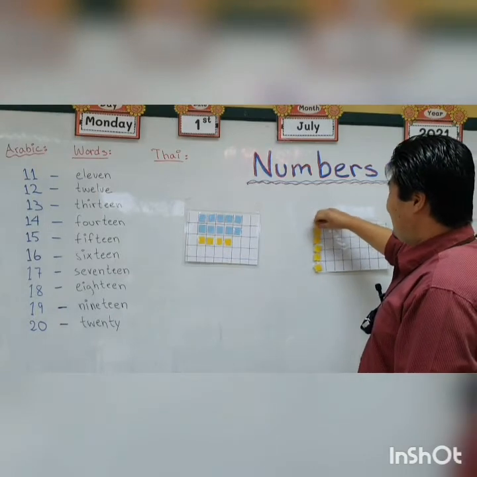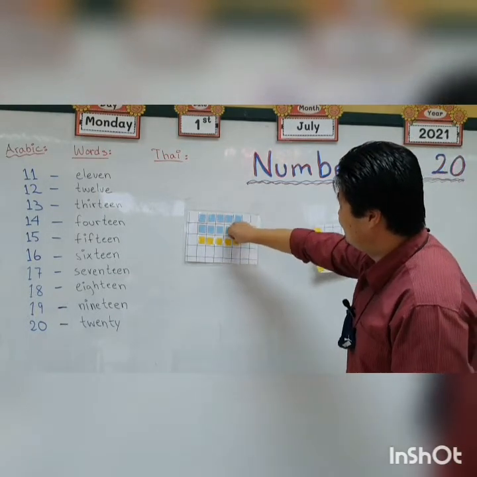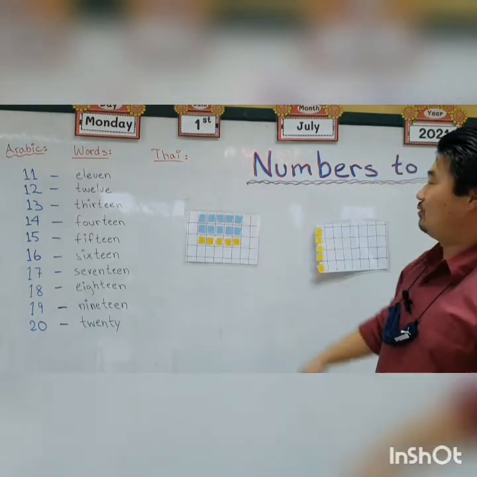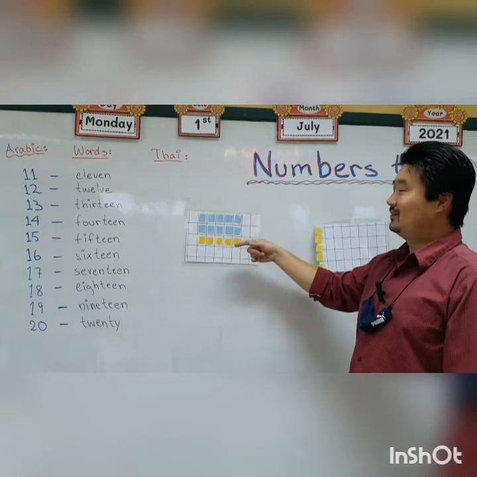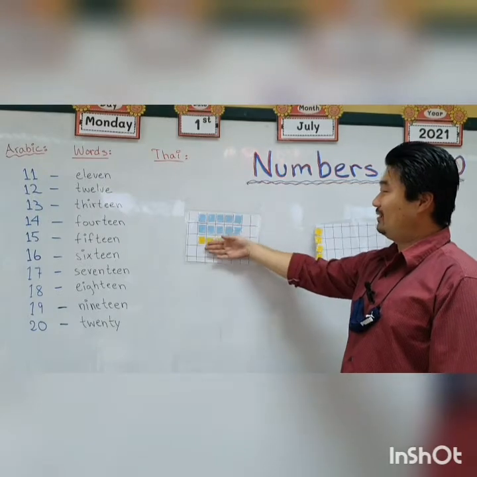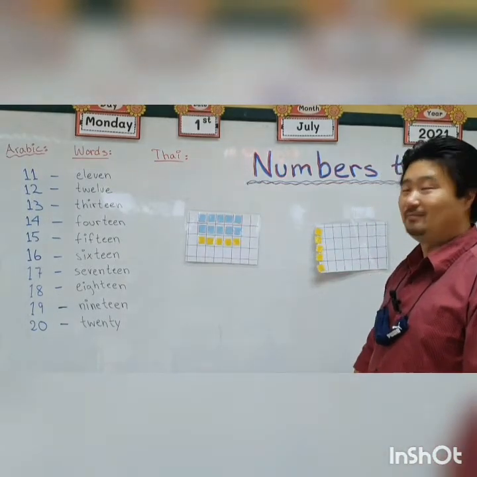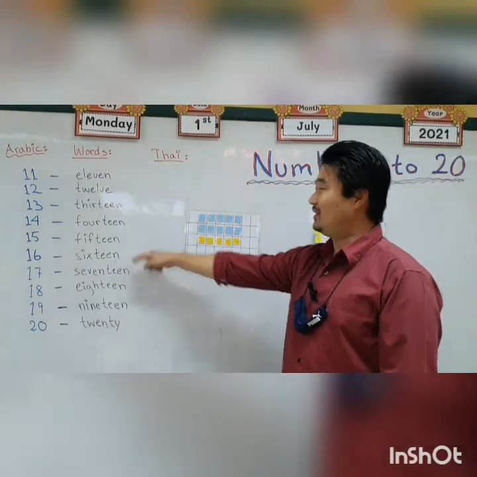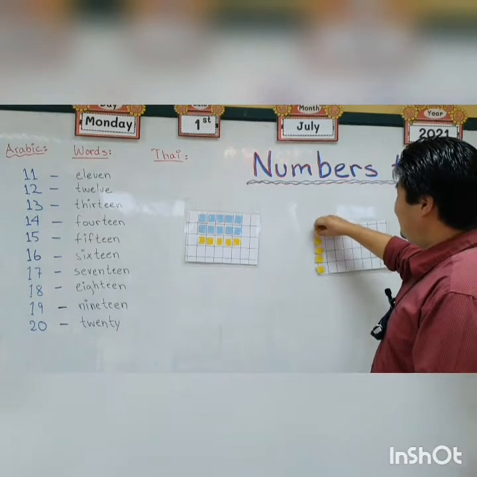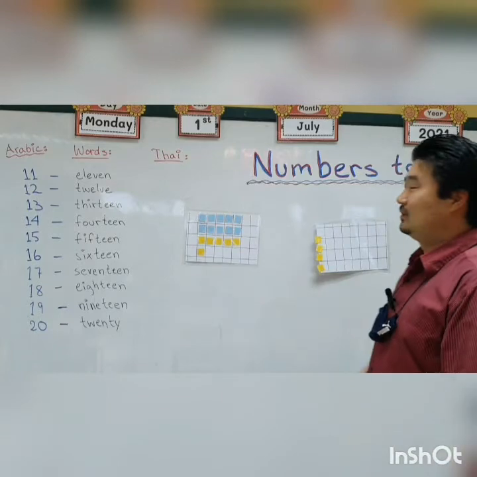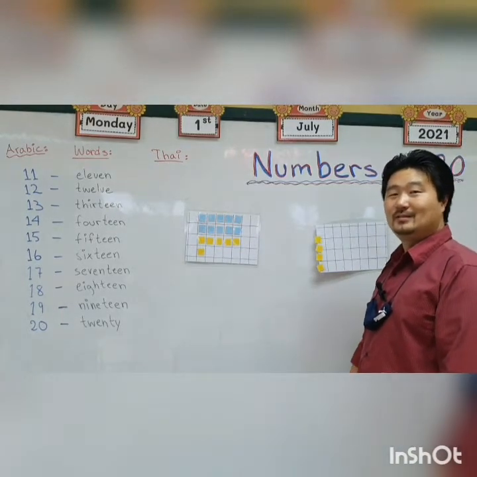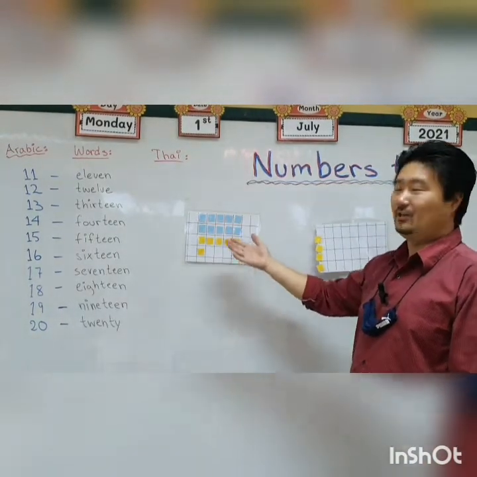And if I add another one, now how many do we have? 5 plus 5 plus 5, or 10 plus 5, 15. Yes, 15. And then we add one more. How many do we have now? 16. Good.